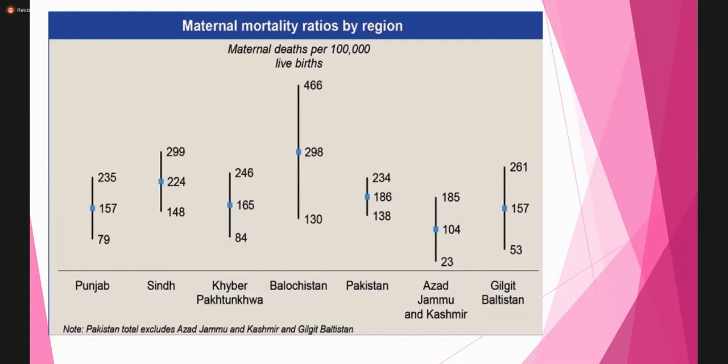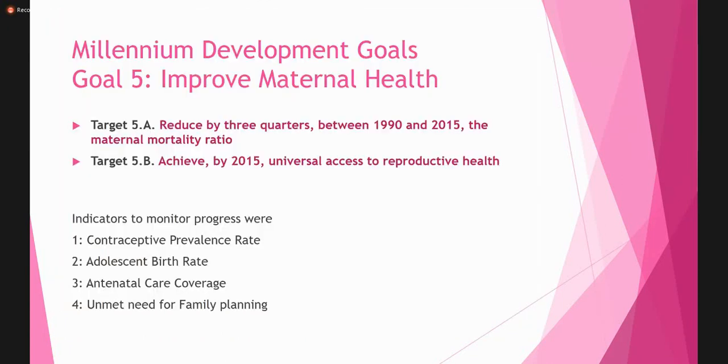These are the maternal deaths per 1,000 live births in Pakistan, and we are trying to improve this. Then the Millennium Development Goals and the Sustainable Development Goal that we are trying to achieve, the maternal mortality ratio, or decrease this up to 70 maternal deaths per 1,000 live births by the year 2030.